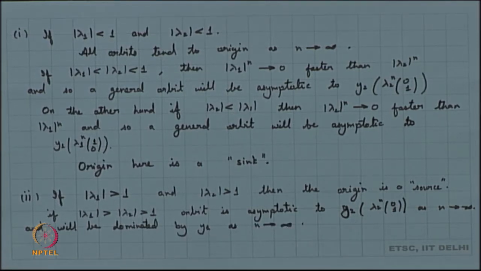So, basically as your time increases, it is going to be dominated by y1 because the action of y1, lambda 1, is greater there.